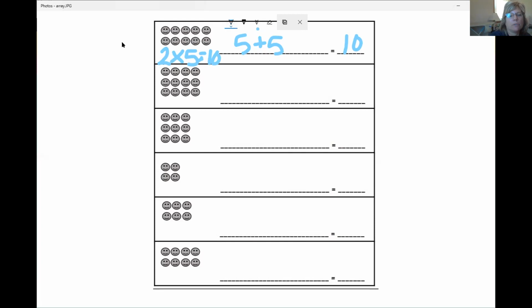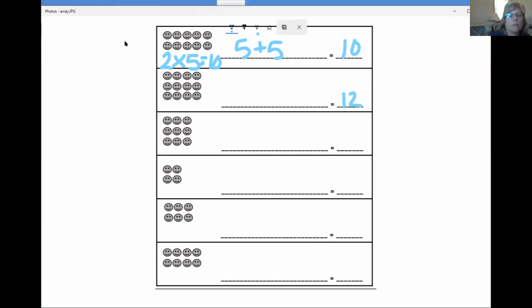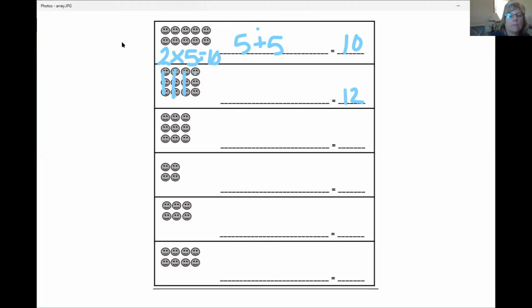We have 1, 2, 3 rows going across and 4 columns going up and down. So we have 4 in each row, so we could say 4 plus 4 plus 4. So we add 4 3 times. We can count those and get 12. Or how many times do we see 3? 1, 2, 3, 4 times.